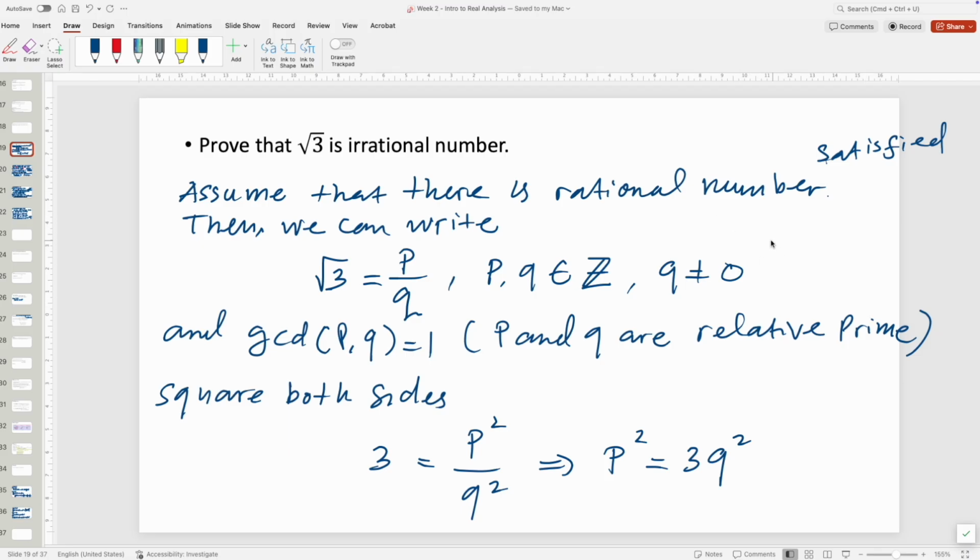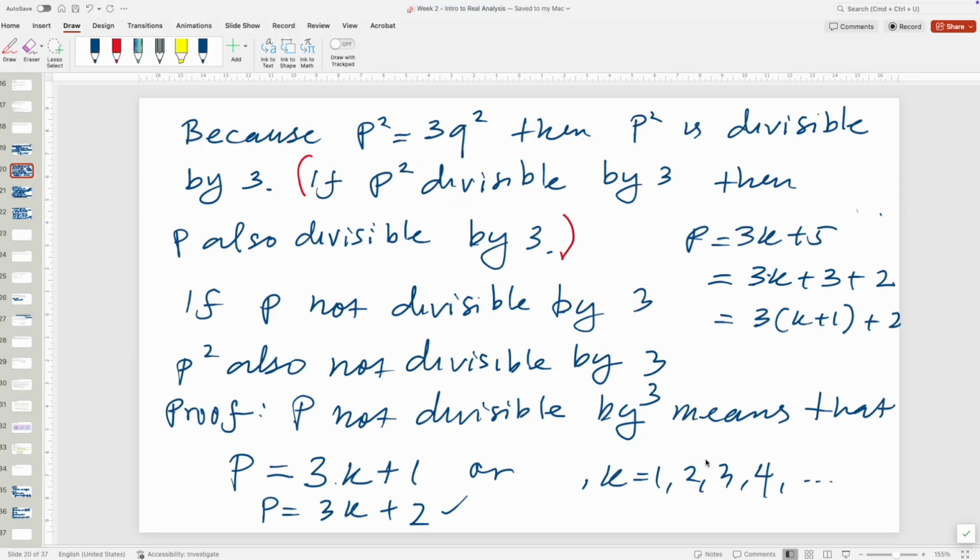For example, if p is 6, q is 12, 6 and 12 are not relatively prime, because both of them are divisible by 3. So it contradicts the statement that p and q are relatively prime. Yeah, because p is also divisible by 3.